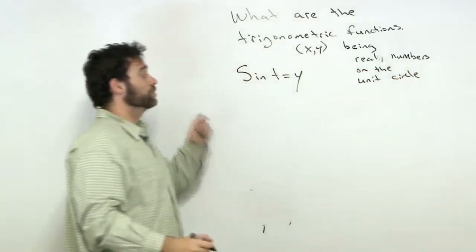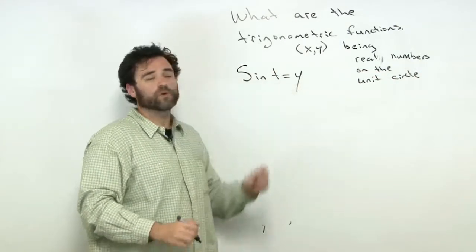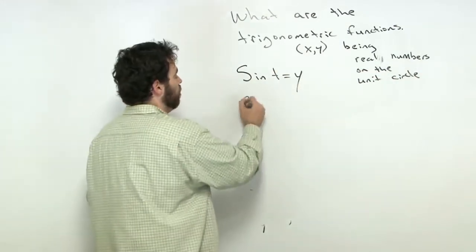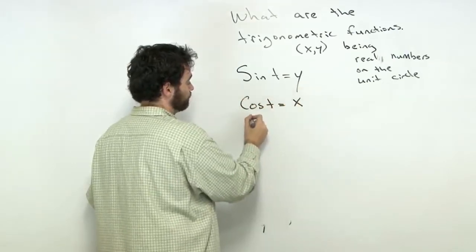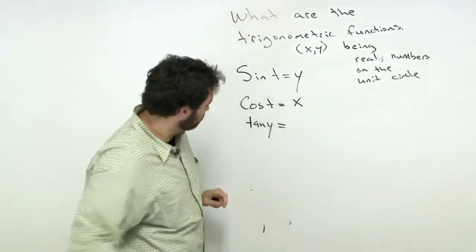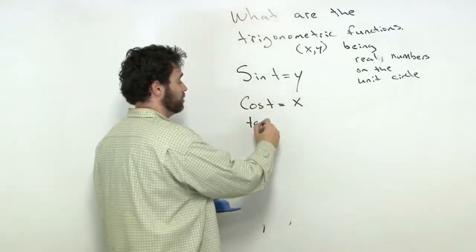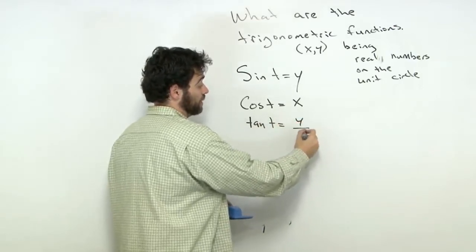Okay, so x and y are real numbers on the unit circle. So sine of t, and I want you to remember this, always corresponds with our y component, meaning that cosine of t must go with our x component, and then the tangent of t goes with your y over x.